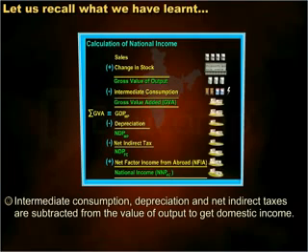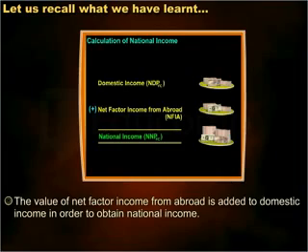Intermediate consumption, depreciation, and net indirect taxes are subtracted from the value of output to get domestic income. The value of net factor income from abroad is added to domestic income in order to obtain national income.